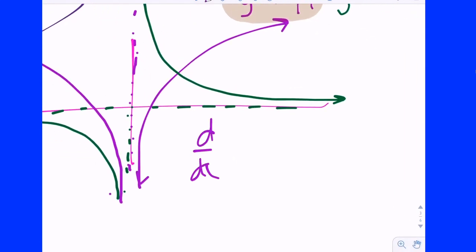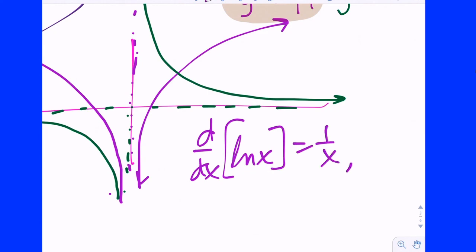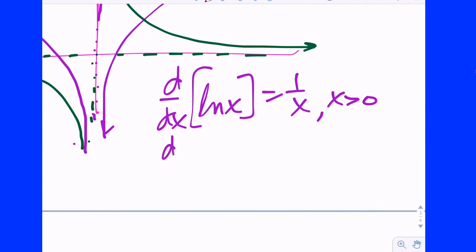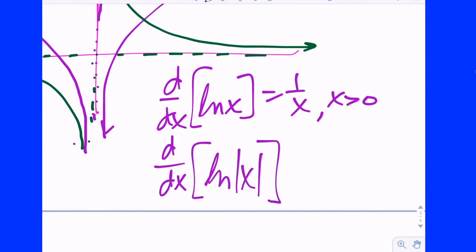So if we just learned this a little while ago, to be 1 over x, of course, we have to stay in the domain of the natural log of x. It would appear, graphically at least, that the derivative of the natural log of the absolute value of x is what?